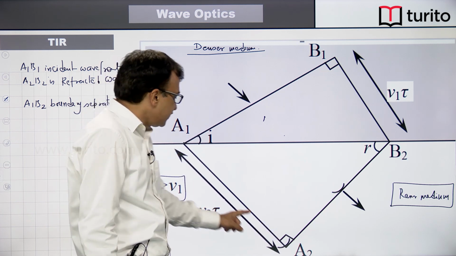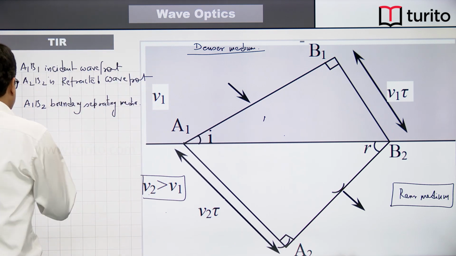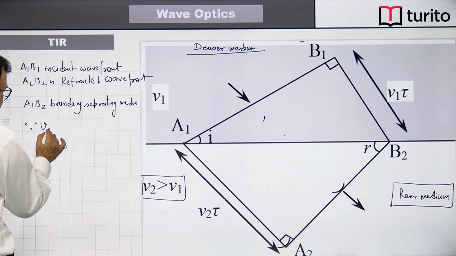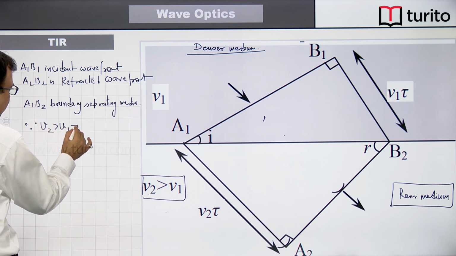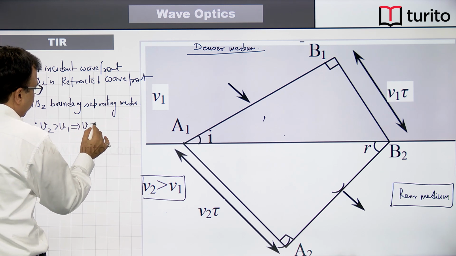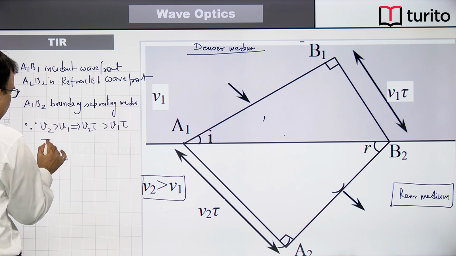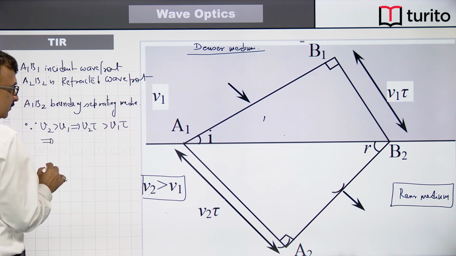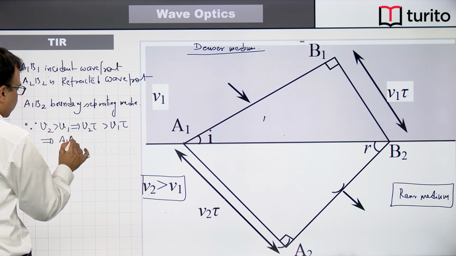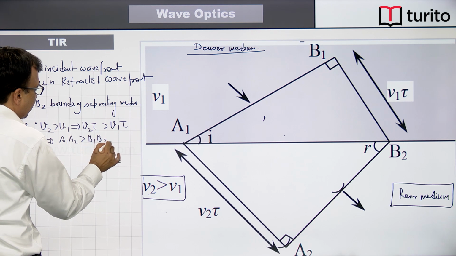If this distance A1 A2 is more as compared to B1 B2, since v2 greater than v1 implies that v2 tau greater than v1 tau, which implies that A1 A2 greater than B1 B2.